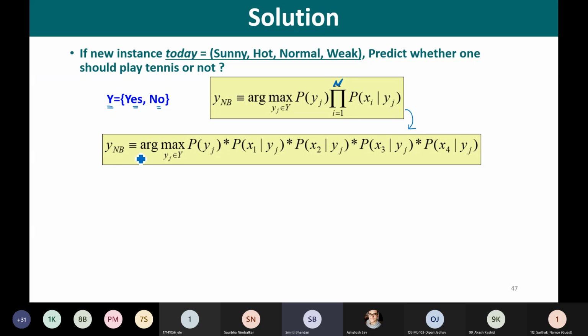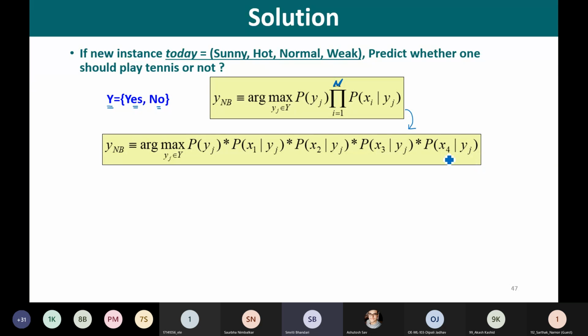YNB equal to argmax over yj that belongs to Y, probability of yj into the product term, so the product of all the probabilities with respect to individual attributes: probability of x1 given yj into probability of x2 given yj into probability of x3 given yj into probability of x4 given yj.